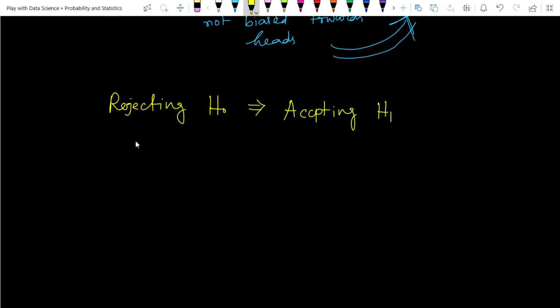Oppositely, if we accept the null hypothesis, then we reject the alternative hypothesis.